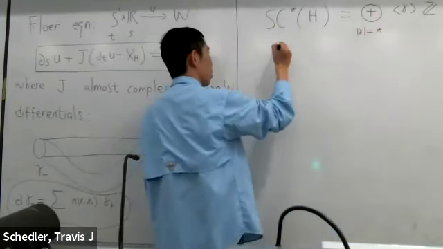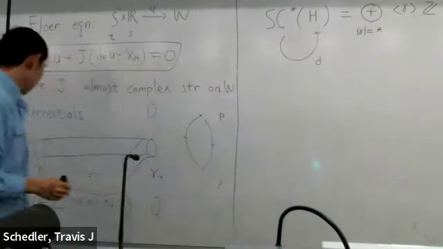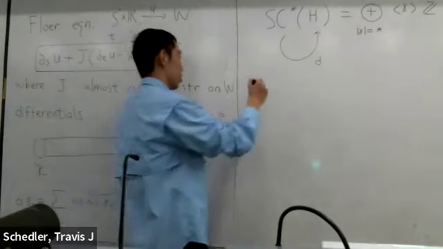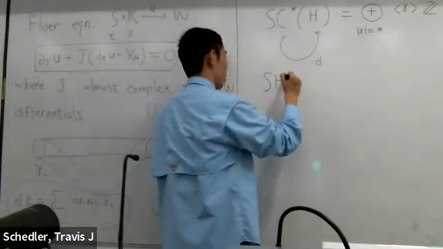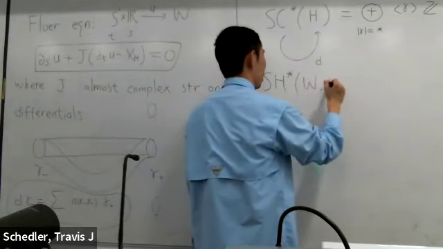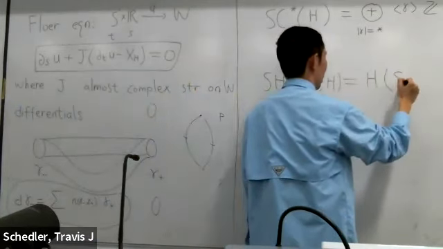And there is a differential D given by such a formula. And the symplectic cohomology, SH star, is defined as the homology of this complex.